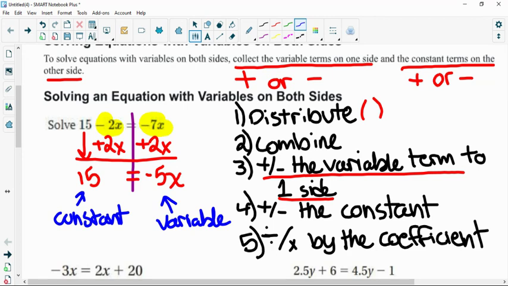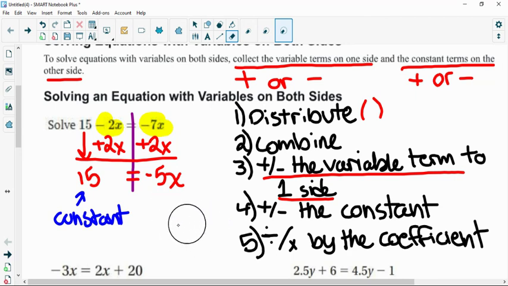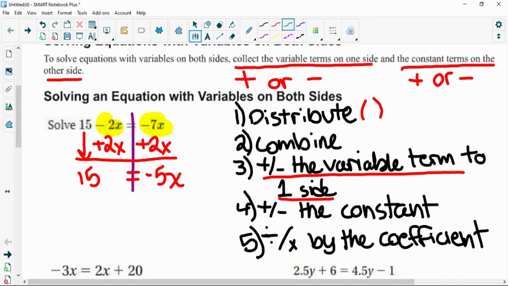I have one more step because the variable needs to be alone. The only number allowed to be in front of the variable is a positive 1. So I got to remove this negative 5. Now it says negative 5 times x.